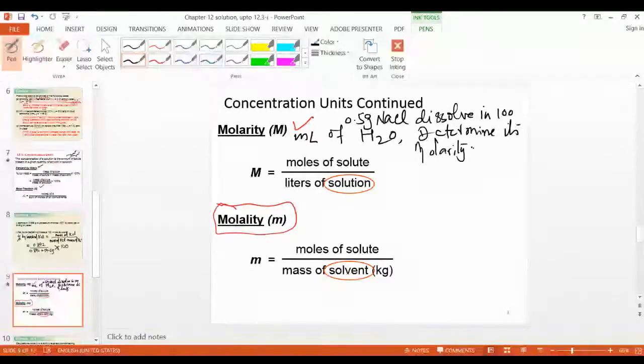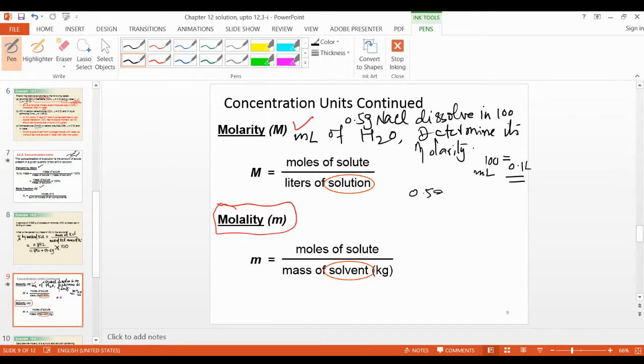First we change the milliliter to liter. Now you change milliliter to liter, that is 0.1 liter, you get it, right? Then find the moles. So now 0.5 gram divided by the molar mass of NaCl, then you will get moles of NaCl.